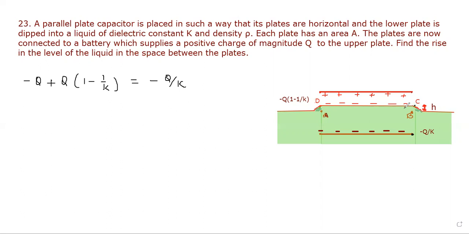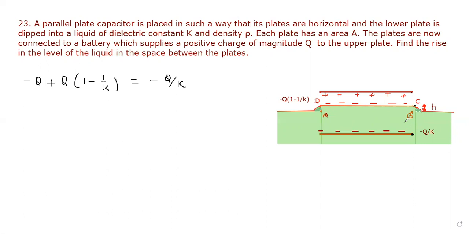So, the different forces are the electrostatic force acting on CD, the weight of the liquid raised, the force due to atmospheric pressure, and the force due to the pressure of the liquid below AB.